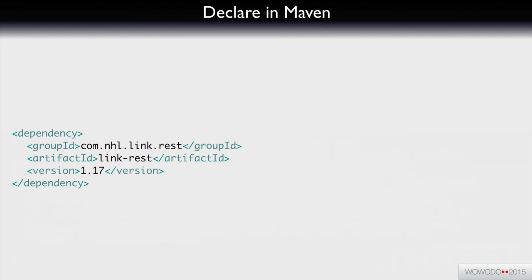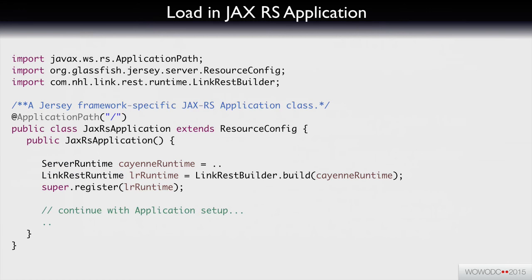So the first thing is declare it in Maven. Nothing interesting. Just a jar with a few dependencies that, of course, Maven will get for you. But it's really very few dependencies. I think it's just Joda and Cayenne at this point, and JAX-RS. Then load it in the JAX-RS application. Most of this is JAX-RS boilerplate, and not even JAX-RS, it's Jersey, because Jersey is one of the implementations of JAX-RS, so that's what I'm using here.